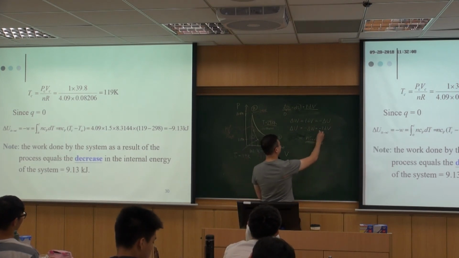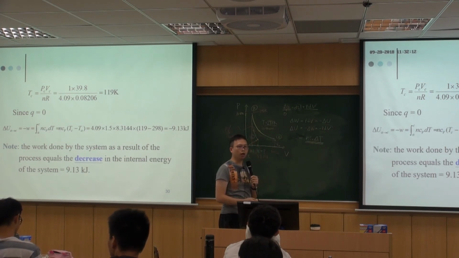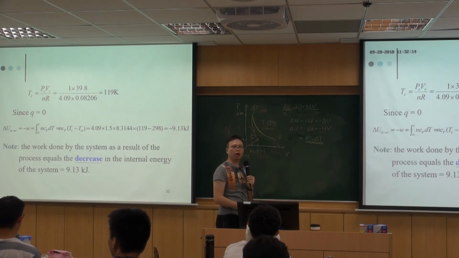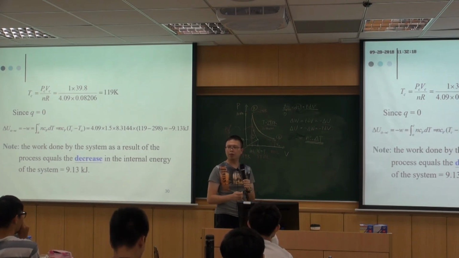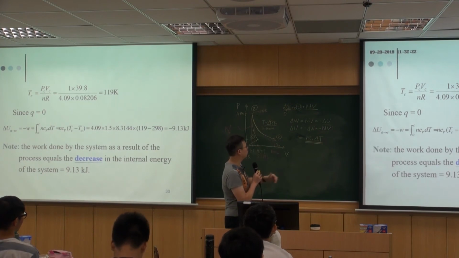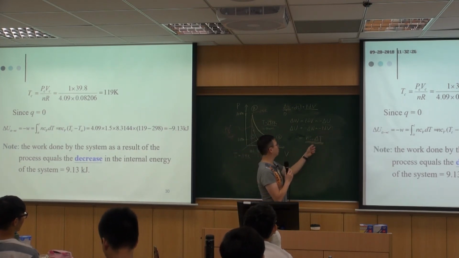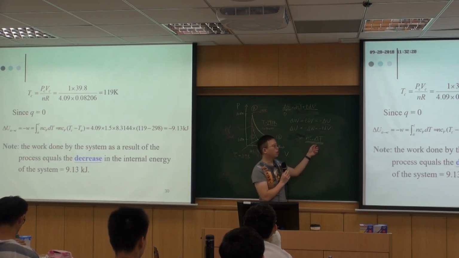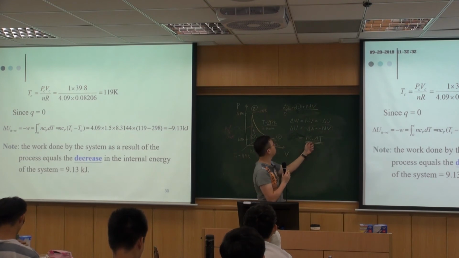So we don't even have to worry about this thing, although you can do that. There are several different ways to attack one problem. That's a very common feature in thermodynamics. You can choose a more difficult path, or you can use this one. At least for this problem, this is a more straightforward way.